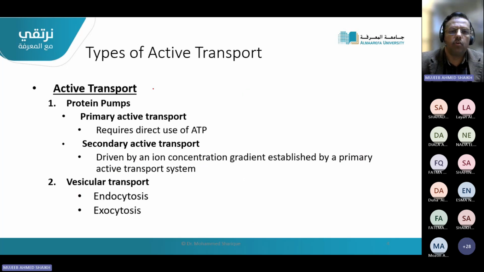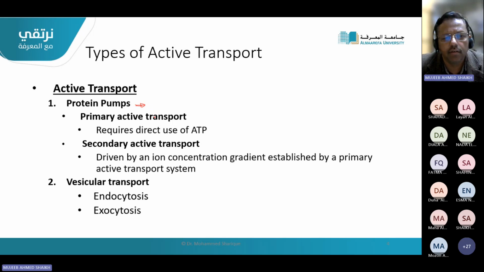For carrier molecules, for the transportation to occur, it requires some pumps. What is the meaning of a pump? What is a pump in Arabic? Do you know the water pump, which throws water from below the earth to the top of the building? This is a pump. I think it's called مضخة.